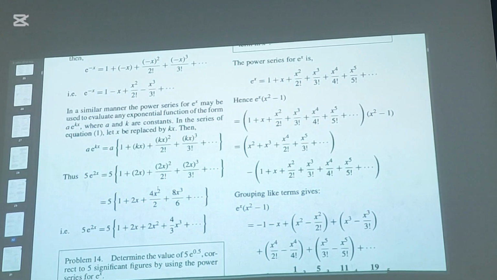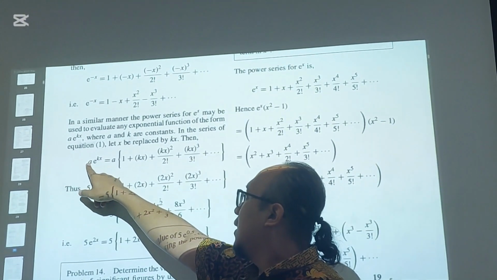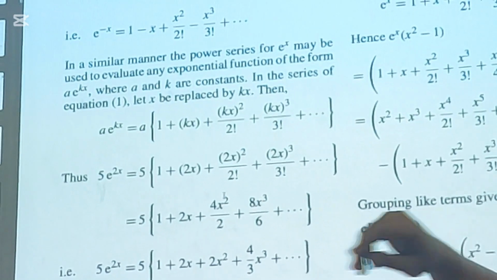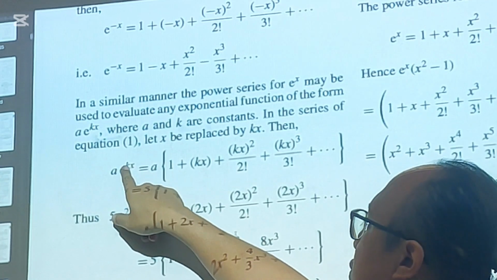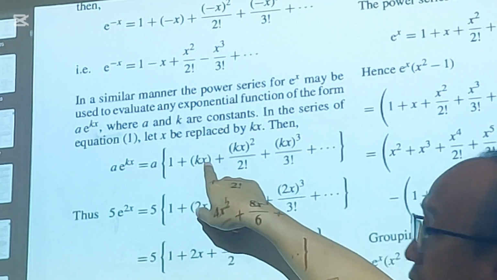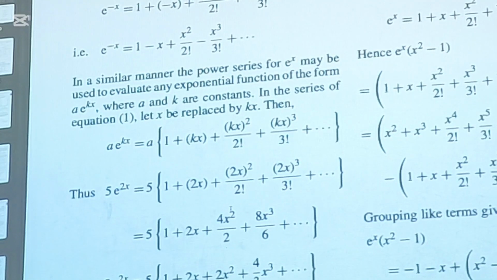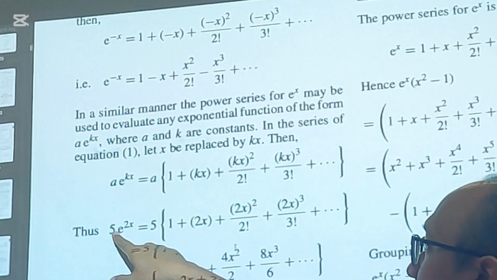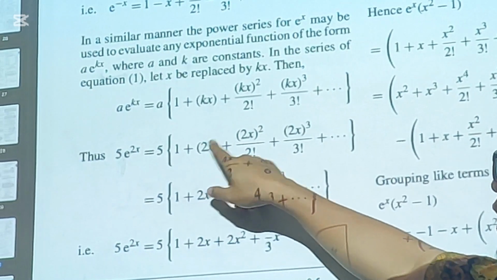Also, if there is a constant a times e power by kx, so the power of e is k and x. You can also change the x with kx. But the shape is similar to the basic power series function. For example, 5 times e power by 2x. So all the x change to 2x.